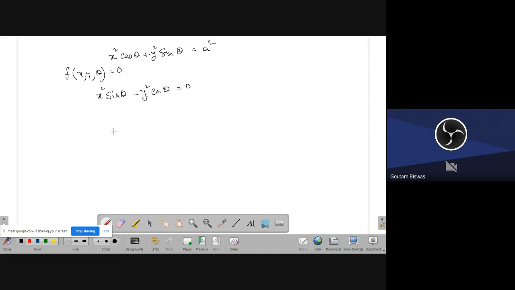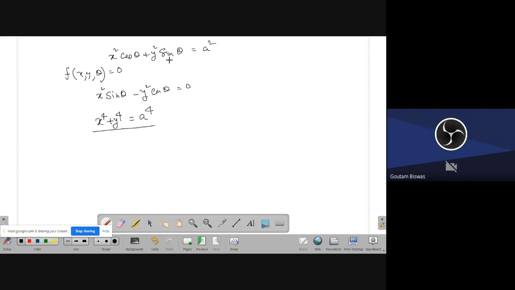From this equation and that equation, you have to eliminate theta. I'm not going into the details of the calculation because that is your task. You will get this equation, x to the power 4 plus y to the power 4 is equal to a to the power 4. This is the equation of the envelope. So eliminate theta between these two equations. Understood?